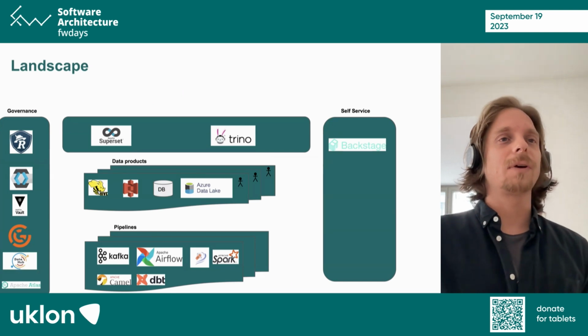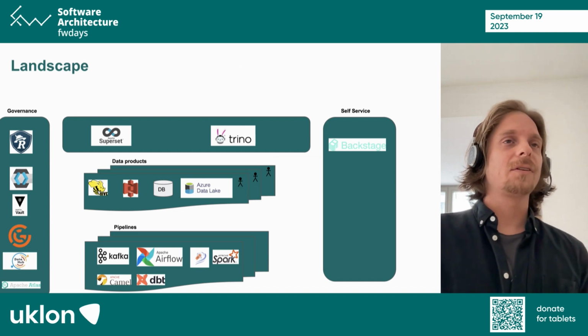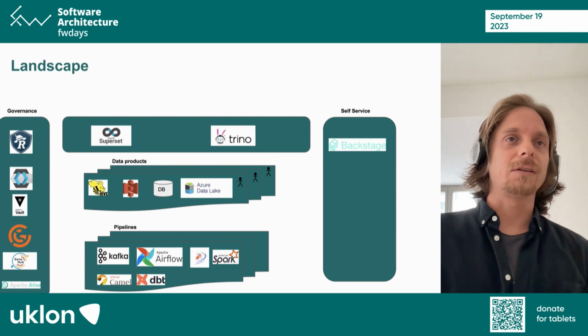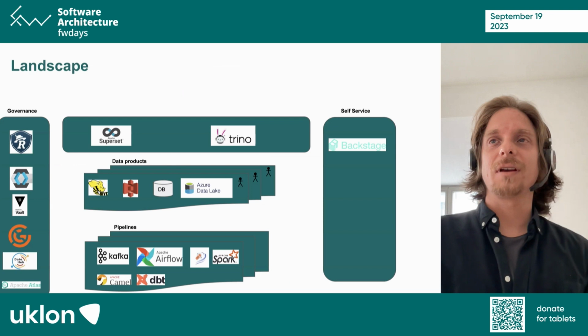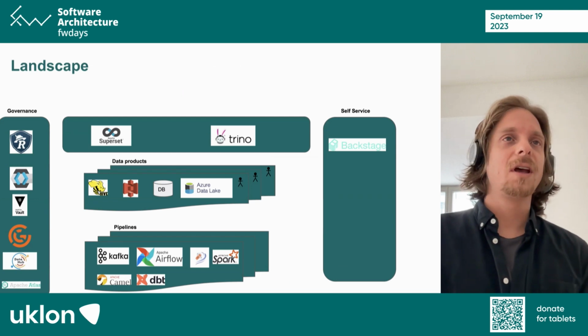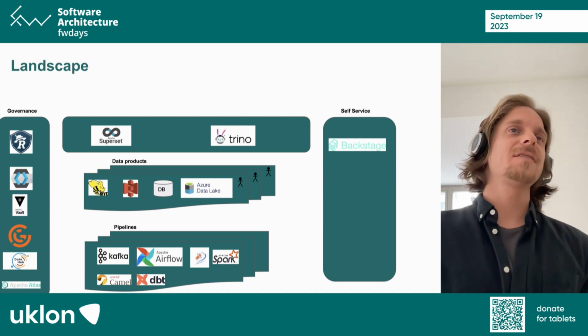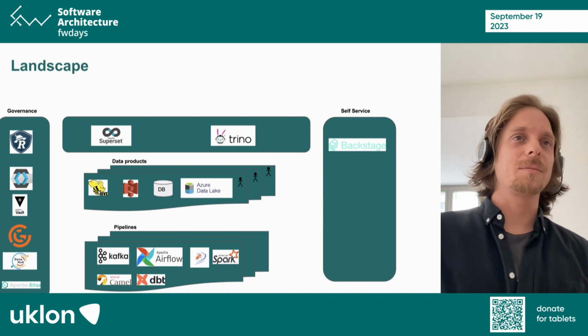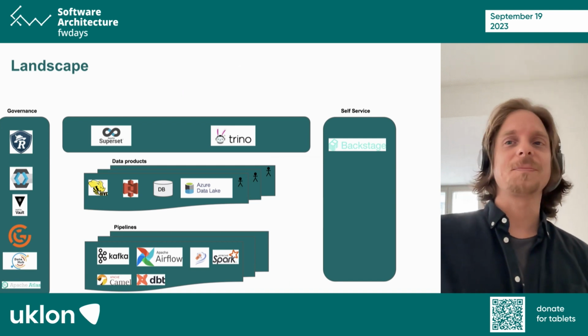Our landscape and architecture looks like that. We have governance domains, data products, pipelines, self-service, in this case Backstage, and I would call it query services, like Trino and Apache Superset, but I wasn't sure how to call it in this presentation.